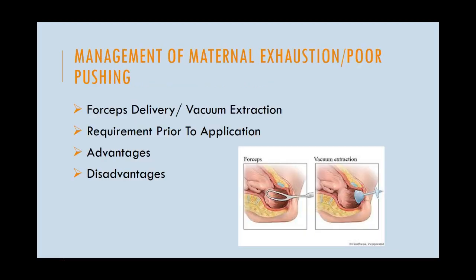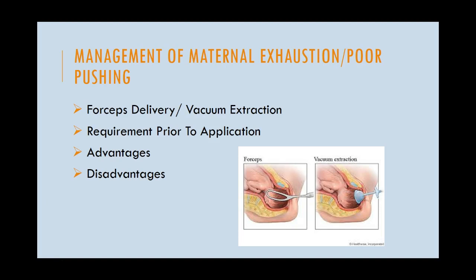Okay. Oh well. All right, so these are forceps right here. They look like little salad tongs with a hole in the middle, sort of. And those can be applied on either side of the baby's head to assist mom with pushing.